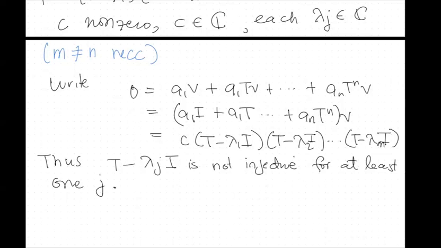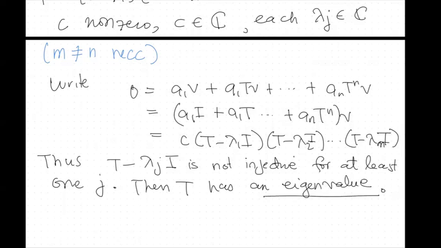If this is not injective for at least one j, then T has an eigenvalue, and of course, if we have an eigenvalue, we can always compute eigenvectors.